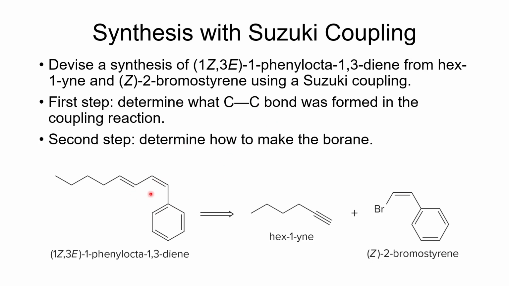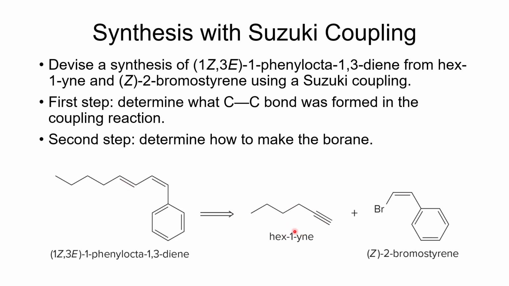So in this case, this particular component would be our vinyl halide, and if you have a cis stereochemistry, that's probably going to be the vinyl component. The trans stereochemistry is pretty easy to make with the hydroboration. The cis, not as easy.